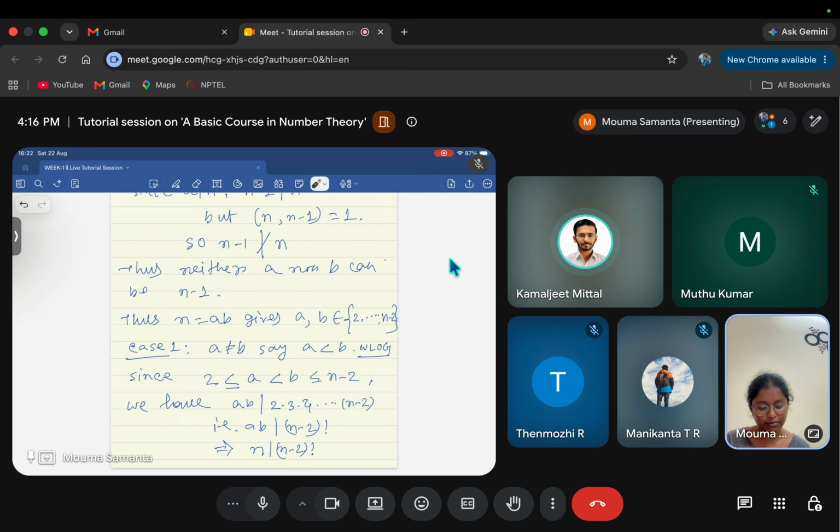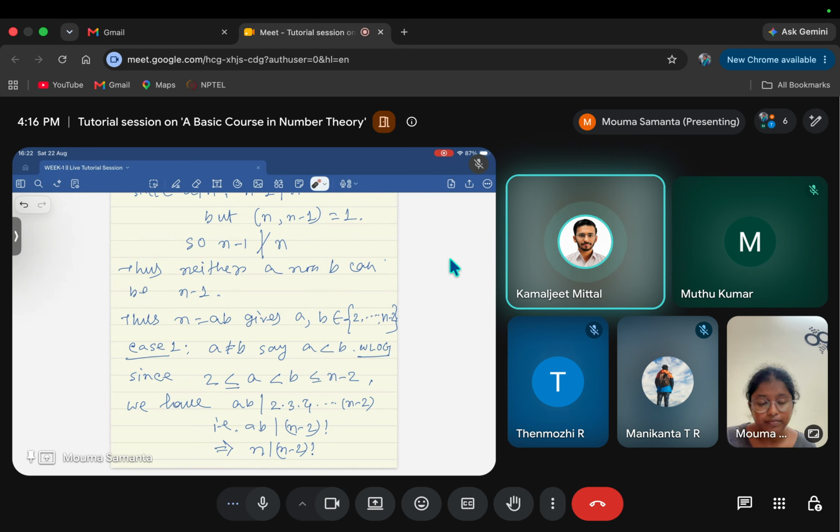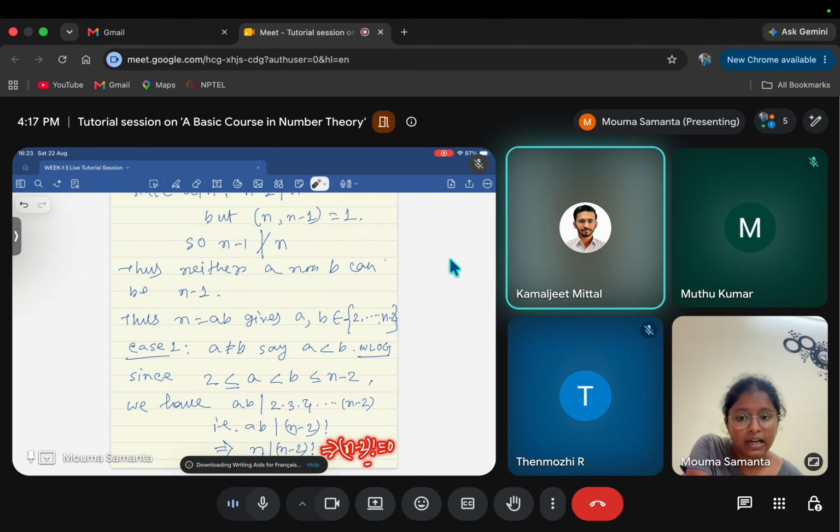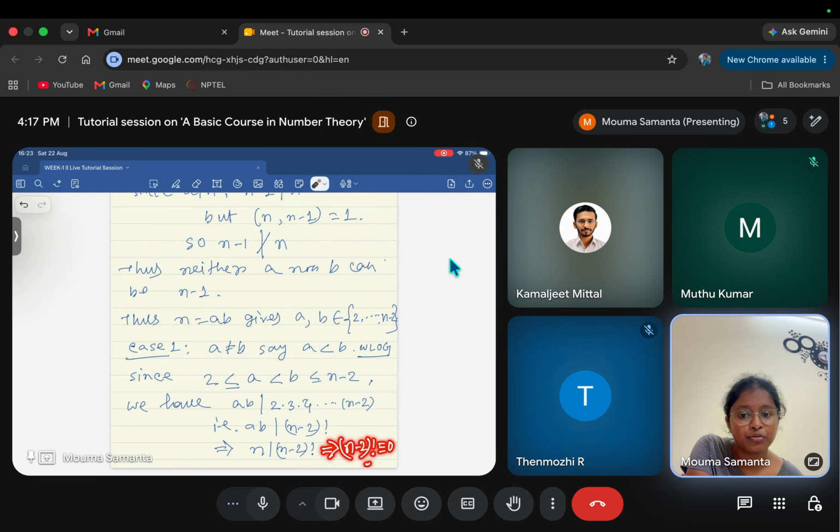So what does it mean? Here the remainder is 0, since n divides n minus 2 factorial. This condition means n minus 2 factorial is congruent to 0 mod n, right? But our hypothesis was n minus 2 factorial congruent to 1 mod n.